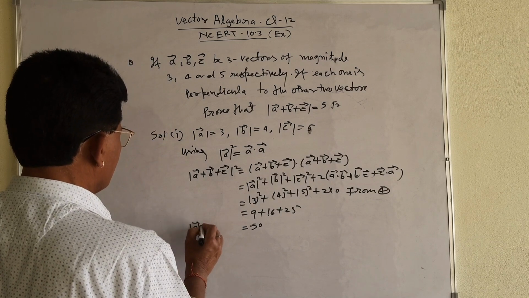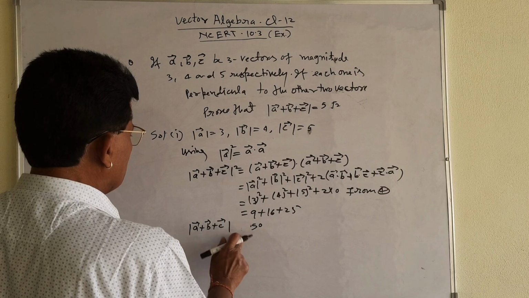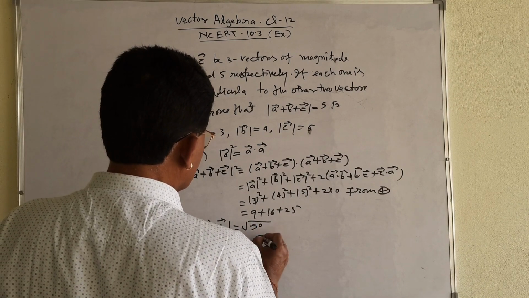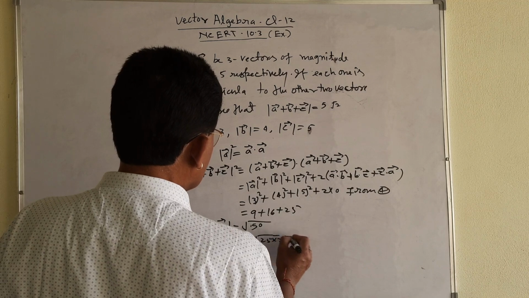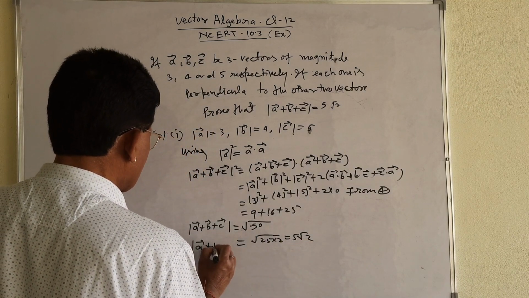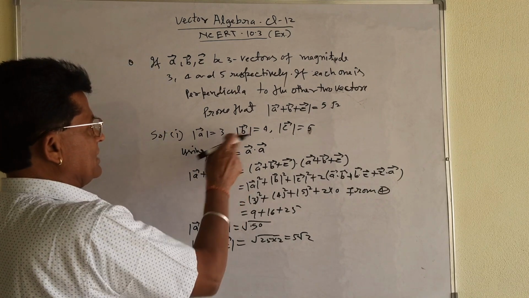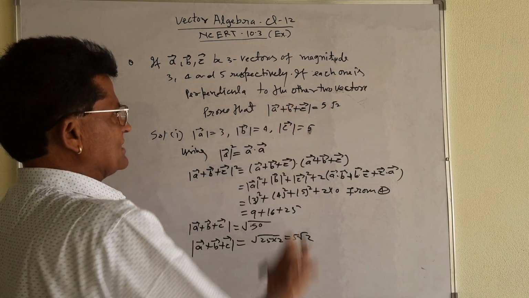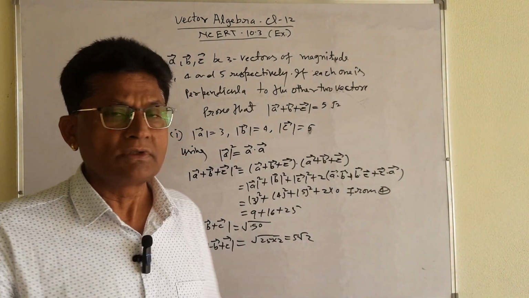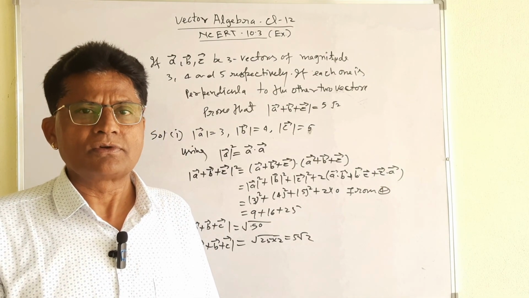Its value, it will be root 50. Root 50 means 25 into 2, that will be 5 root 2. But you see, we got its value: magnitude of A plus B plus C, the magnitude of the sum of the three vectors, will be equal to 5 root 2. It is a very important question I have discussed with you.